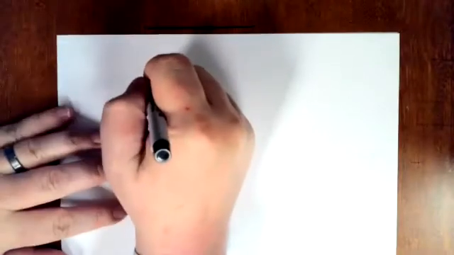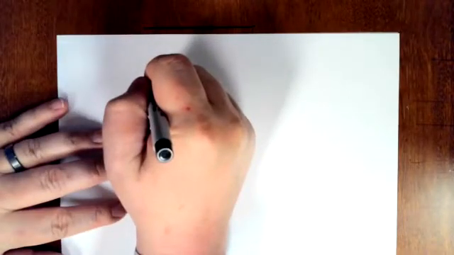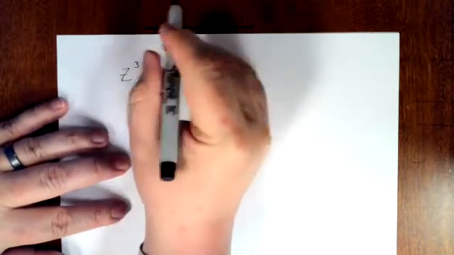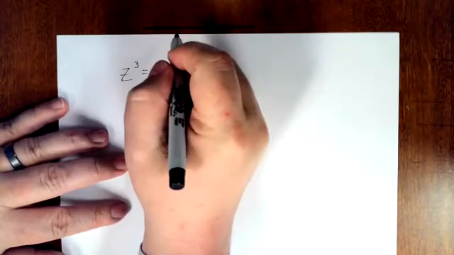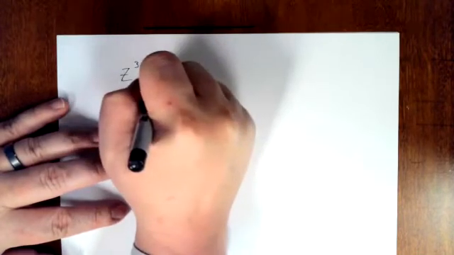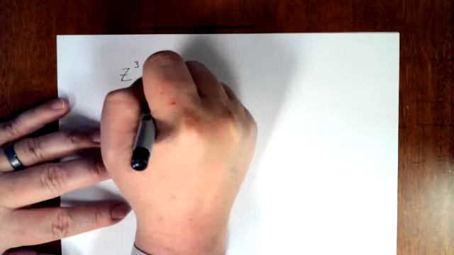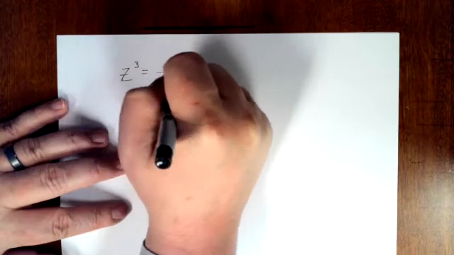Find me the, we should do the cube roots again of, let's say, -2i.